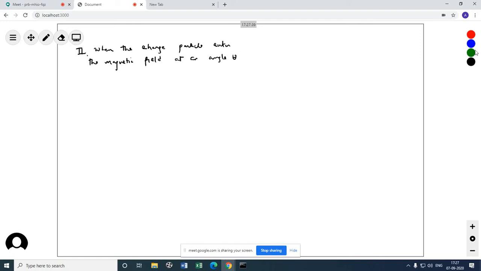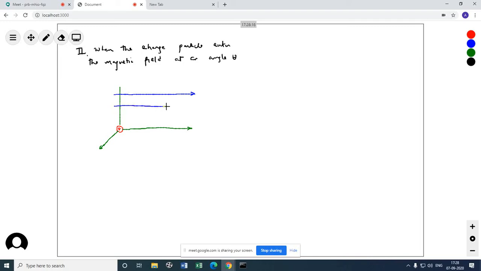So let me draw this diagram now. Imagine this is a charged particle entering a region of magnetic field. The direction of the magnetic field is this way, like this.